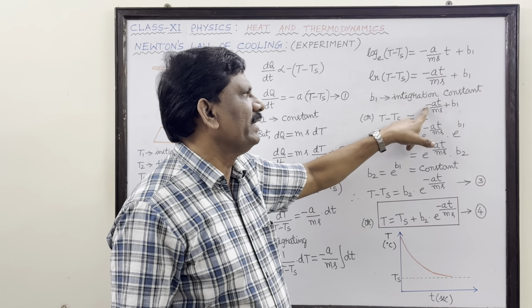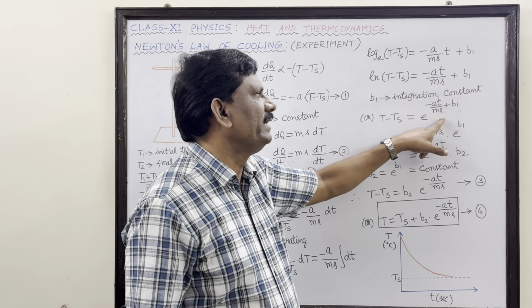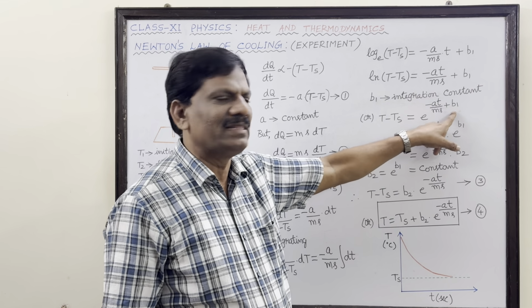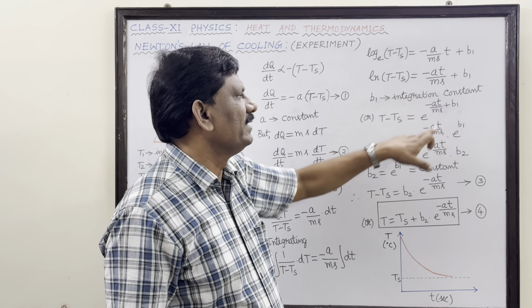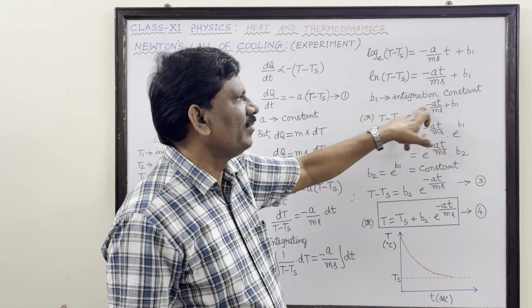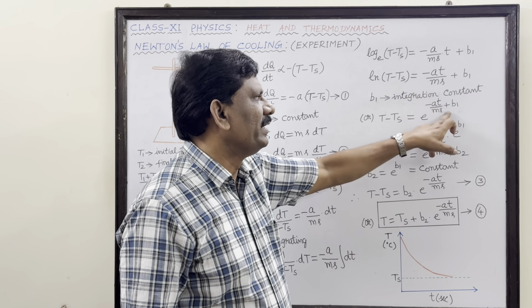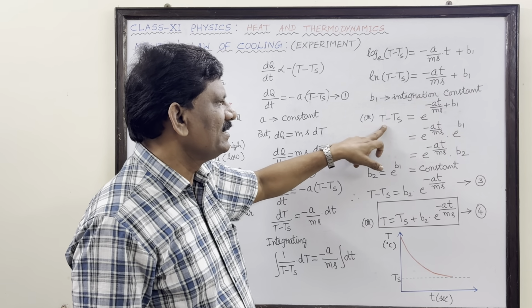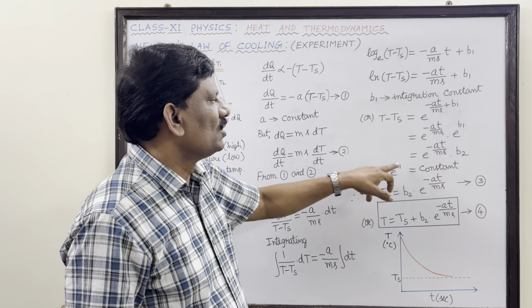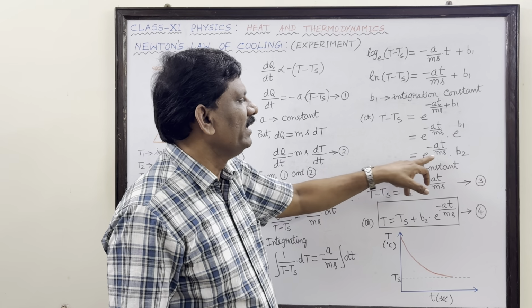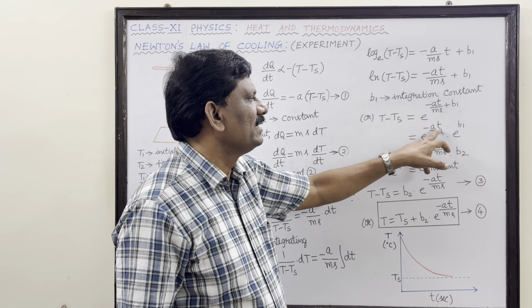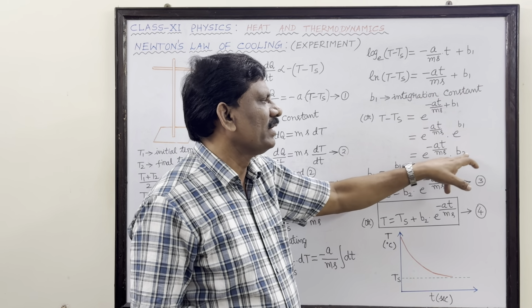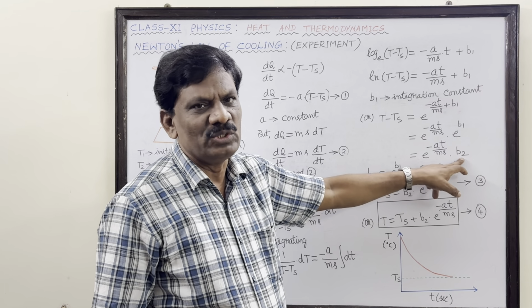Now e power a plus b is equal to e power a into e power b, another formula in mathematics. So the right hand side is again written as e raised to the power minus At by ms multiplied by e raised to the power b1. Left hand side is T minus Ts. So this is now equal to e power minus At by ms, and in place of e power b1 I substitute another constant b2.